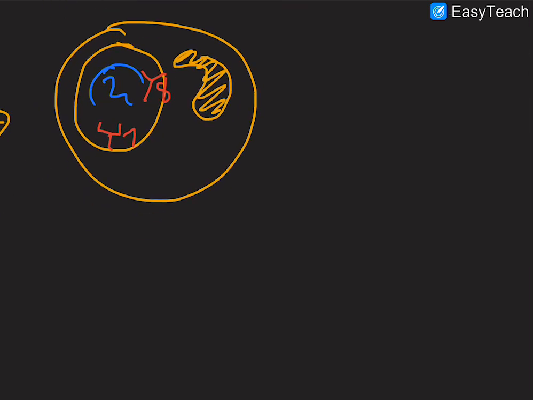Let's go ahead and write that down. Once this happens, we're going to get dimerization of both 7 and 8, which we can draw something like this, showing that both 7 and 8 come together.